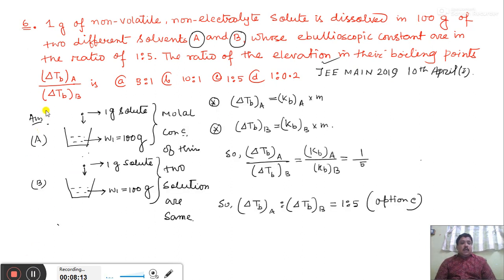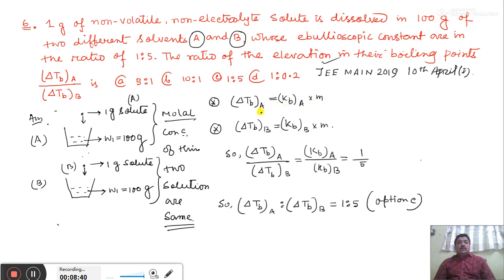Now, according to the question, 100 gram of solvent contains 1 gram of solute A, and 100 gram of solvent contains 1 gram of solute B. So from these two, we can see that the molal concentrations of these two solutions are equal. We know ΔTb is equal to Kb into m.